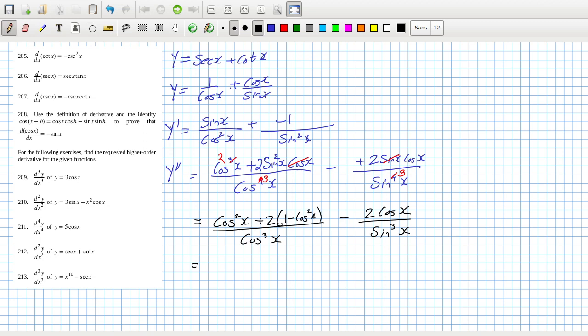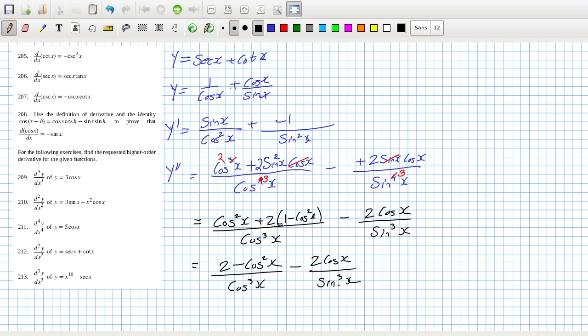So then you'll have cos squared minus 2 cos squared, which is 2 minus cos squared x over cos cubed x, minus 2 cos x over sine cubed x.